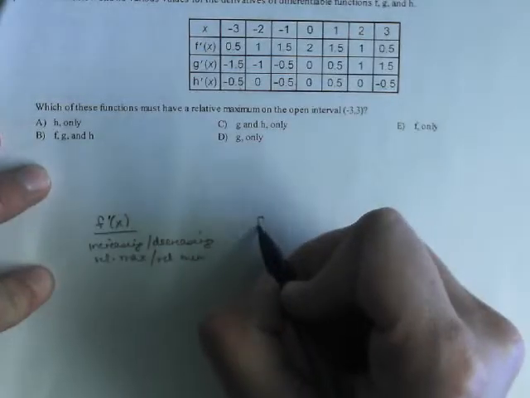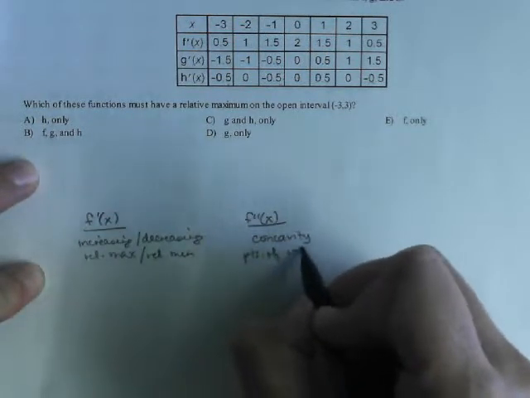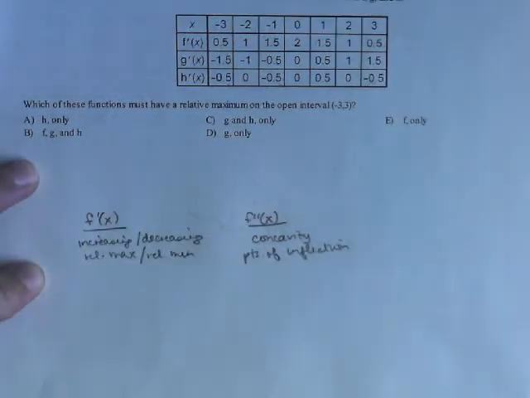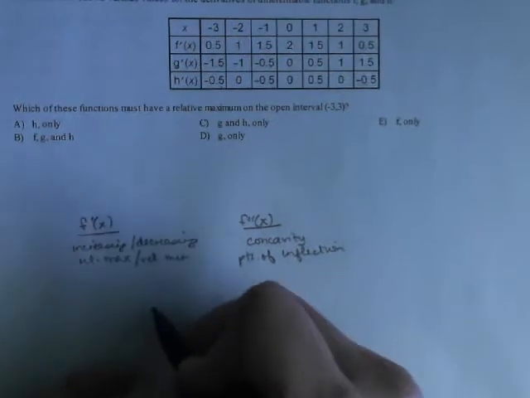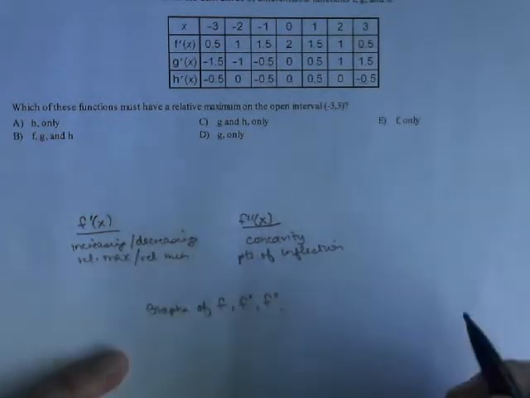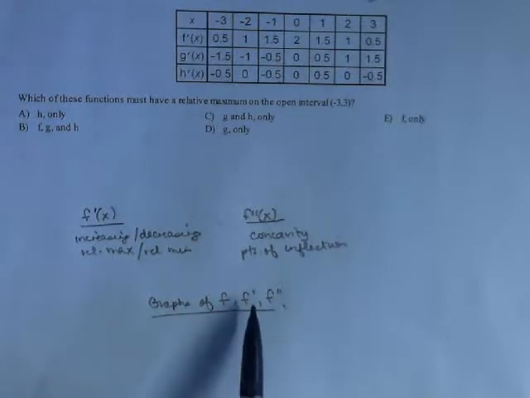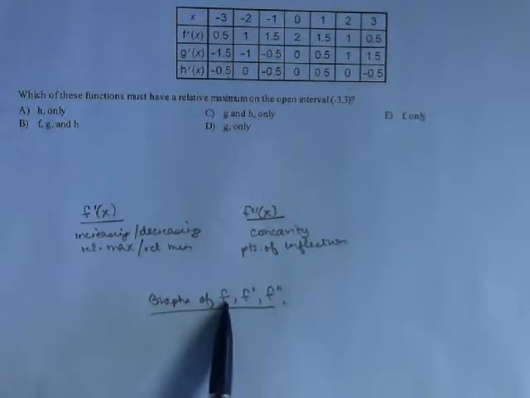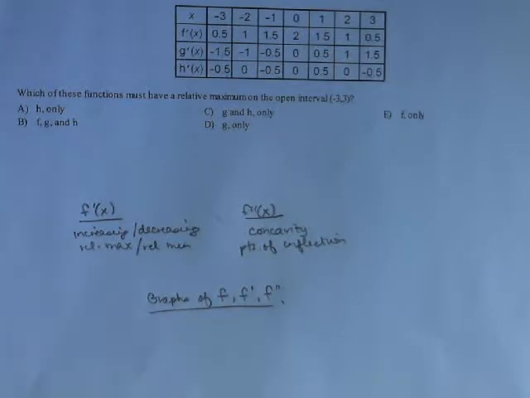And then the second derivative stuff is all about concavity and how to determine points of inflection where concavity changes. And then the third piece that's covered is really graphs of functions and how they compare to graphs of their derivative and how they compare to graphs of their second derivative. So kind of looking at different graphs, maybe starting with a function and looking for the graph of its derivative, or starting with a derivative and looking for the graph going backwards of its function, kind of being able to go any way with these.